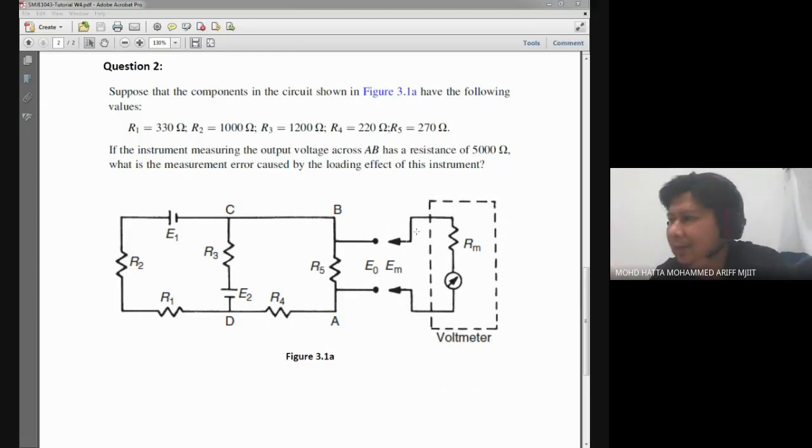Here it's not clearly said that this is the RM value. However, it says that the instrument has a resistance of 5 kilo ohm, which means this 5 kilo ohm refers to the value of RM over here. Okay, understood?